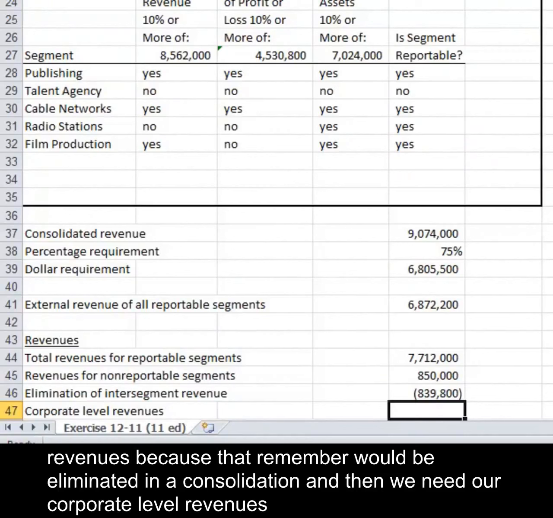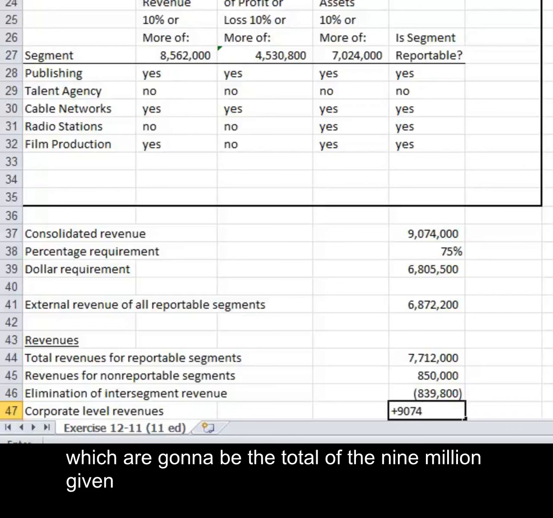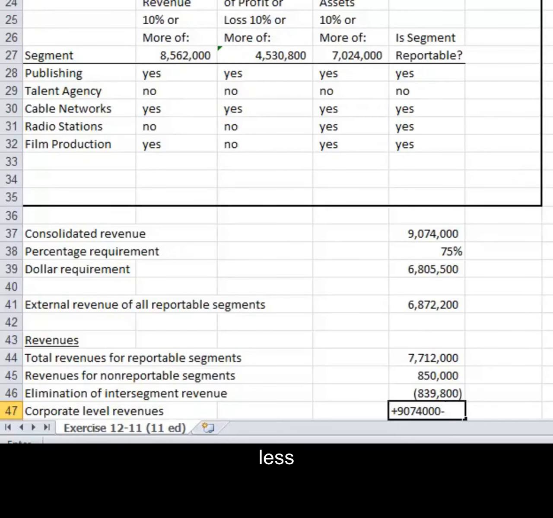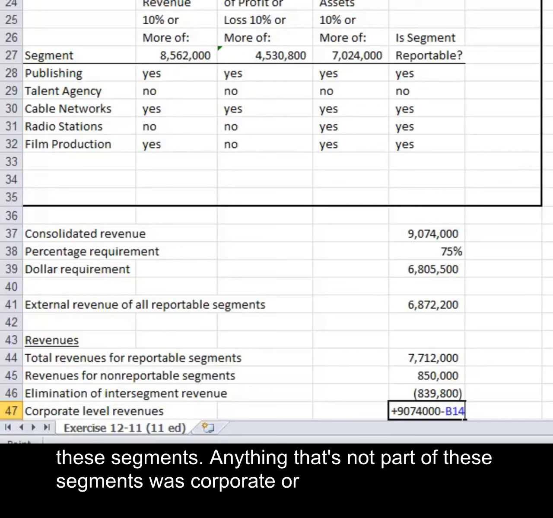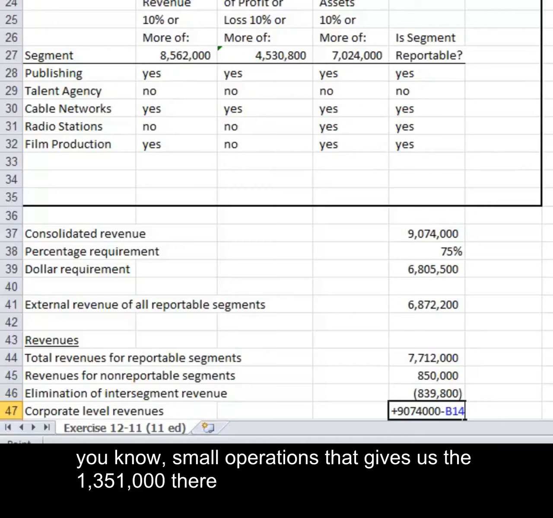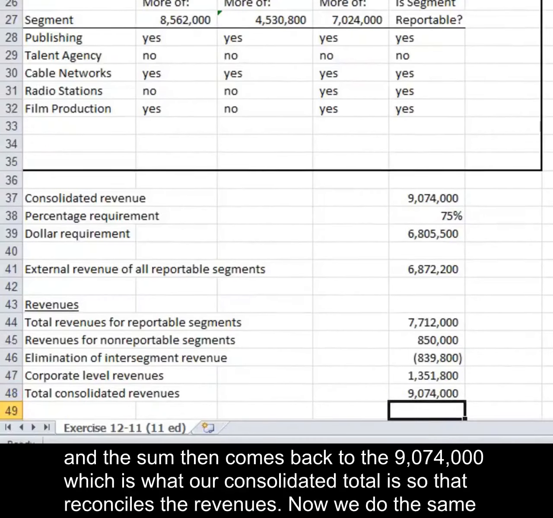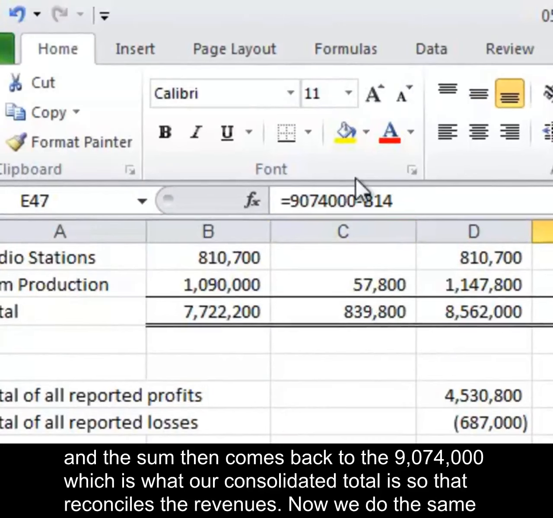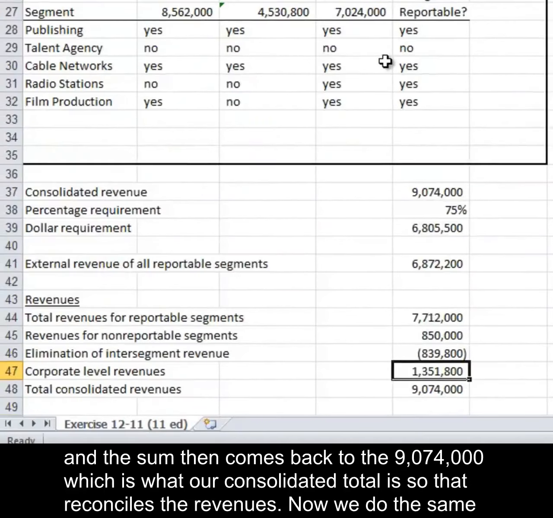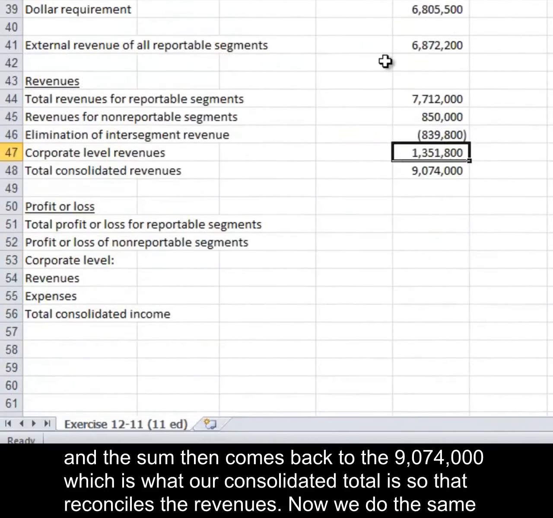And then we need our corporate level revenues, which are going to be the total of the $9 million given less these segments. Anything that's not part of these segments was corporate or small operations. It gives us the $1,351,000 there. And the sum then comes back to the $9,074,000, which is what our consolidated total is. So that reconciles the revenues.